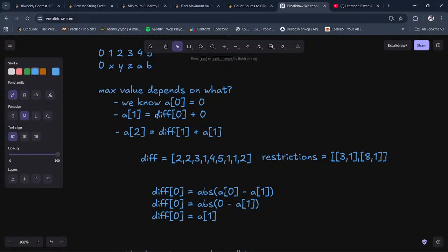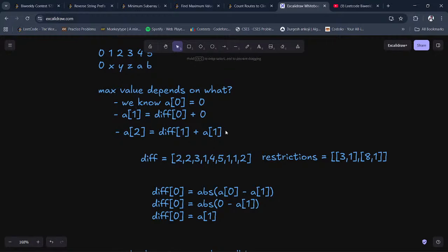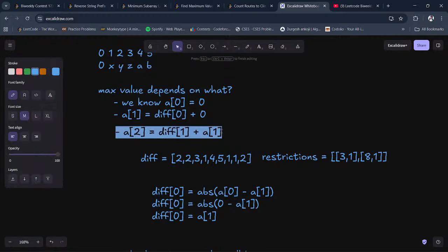So at the end we are just summing up these values, because a of 1 is difference of 0. This is the maximum possible value we can get.